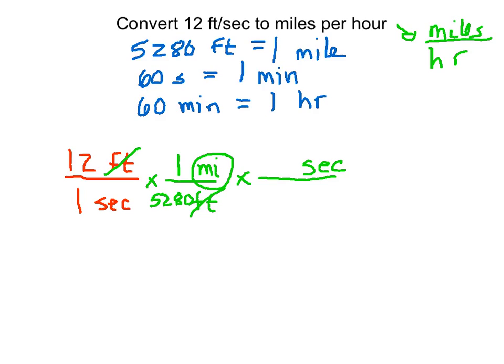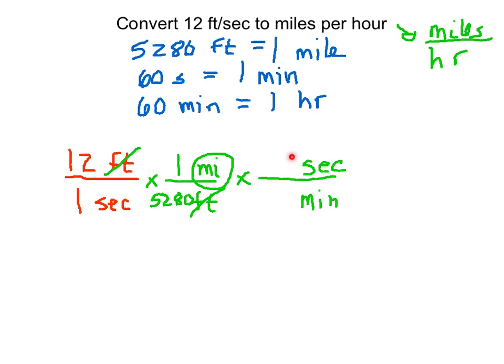Now, do we have a conversion factor going right from seconds to hours? Some people know how many seconds are in an hour, but if you don't know that off the top of your head, let's first convert this to minutes and then go from minutes to hours. That's what I'm going to do. So I'm going to first, in my intermediate step, go from seconds to minutes.